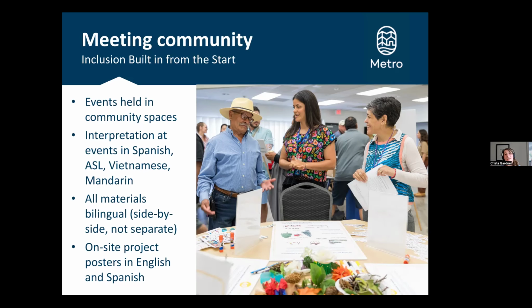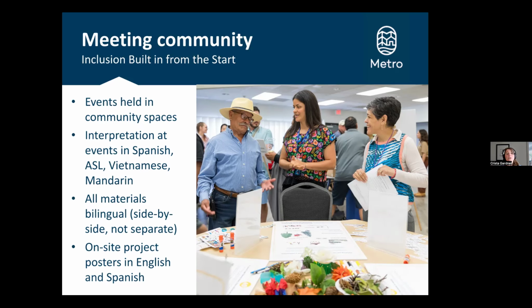We then built upon that expertise and knowledge of our Washington County partners and now our Clackamas County partners, and our consultant team applied the racial equity framework tool at Metro, engagement goals, and audience mapping.